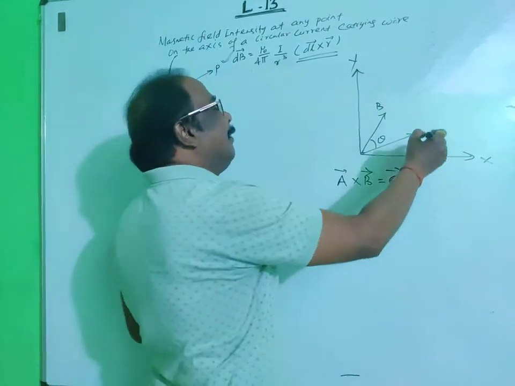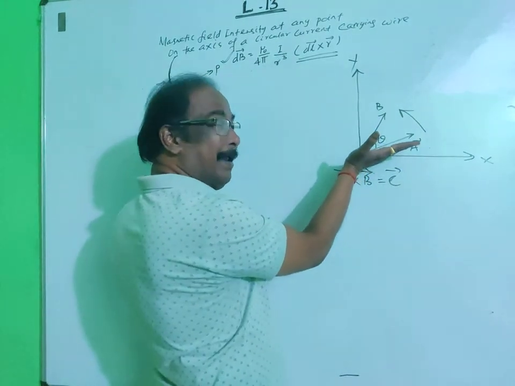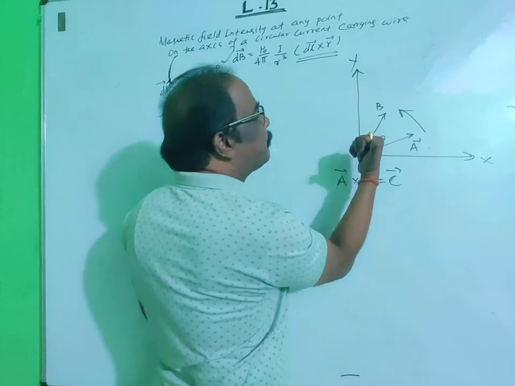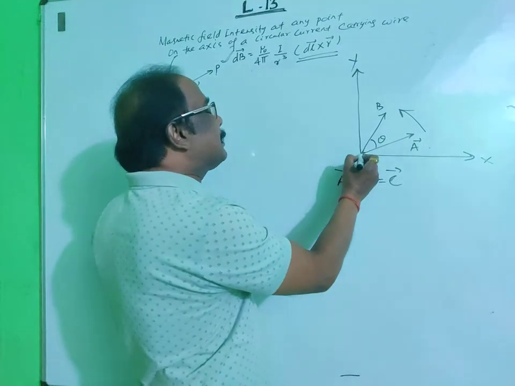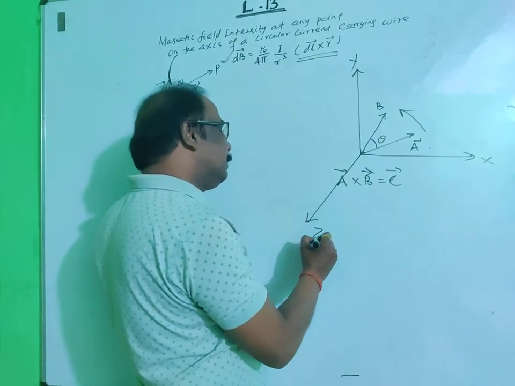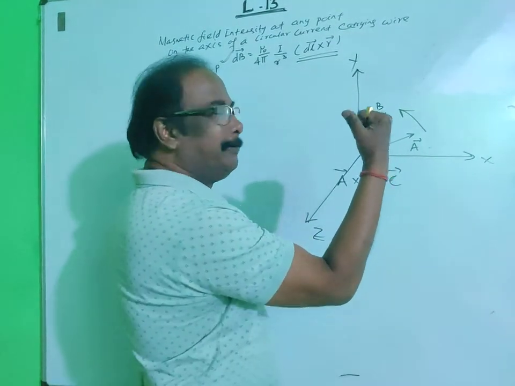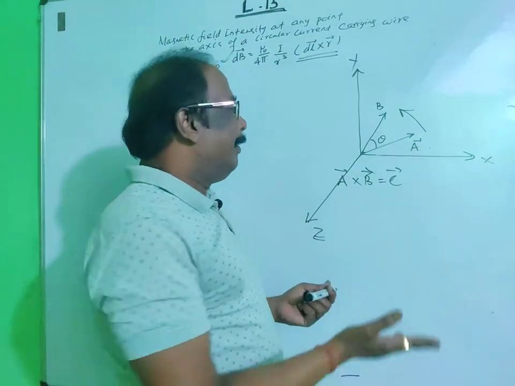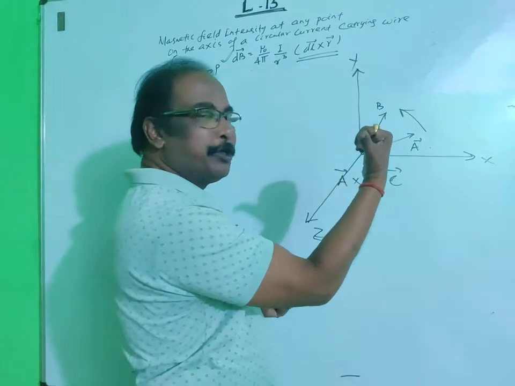If you apply the right hand thumb rule, the direction of A cross B is perpendicular to both A and B, meaning the direction of A cross B is along the z axis. A cross B is outward or B cross A is inward. Whatever may be, A cross B is in the outward direction along the z axis.